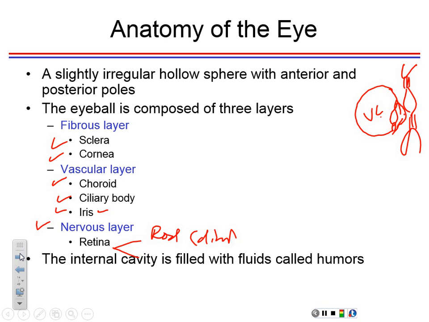But it needs nutrients because it's a living tissue. So that fluid is recycled, and if something goes screwy with the pipes, well, I call them pipes, but they're ducts, and they get blocked, or something is inflamed and blocked, then the fluid accumulates in the eye and increases the intraocular pressure.